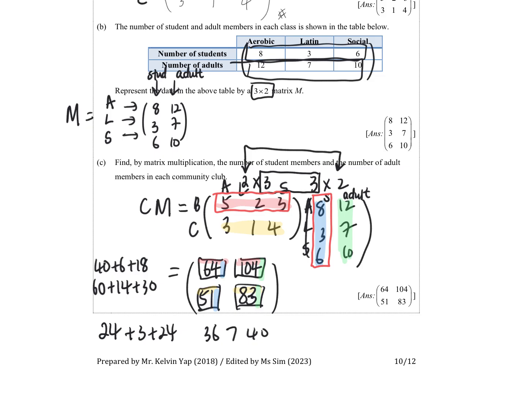So 64 students were in the Bedok CC taking part in all 3 types of dance. So this is what this entry is telling me. This one is for Bedok, Clementi, students and adults. So the 4 entries have different meanings. Each of the entries has one meaning.